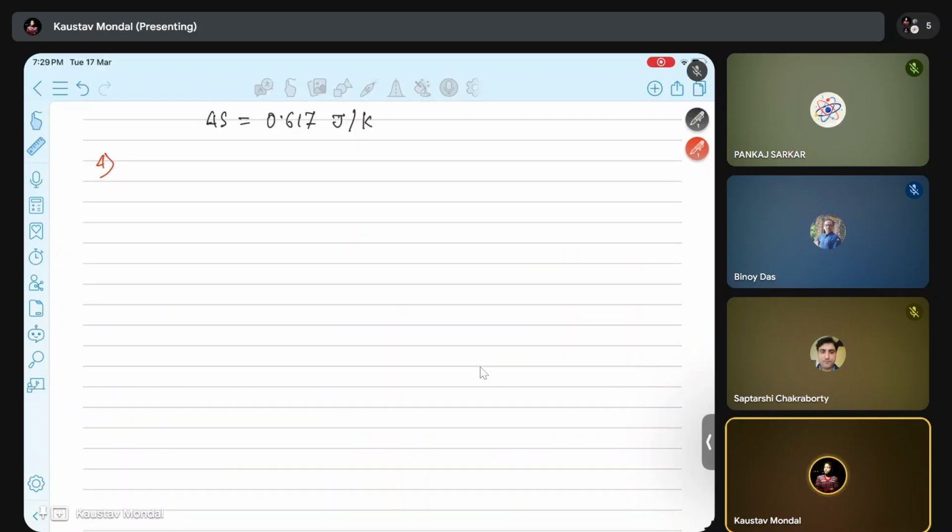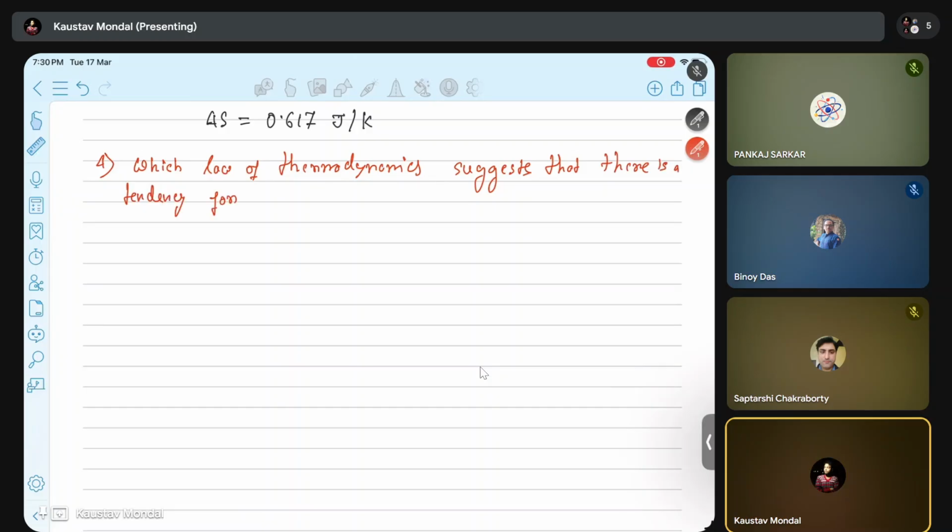Question 4 is: which law of thermodynamics suggests that there is a tendency for equalization of temperature?